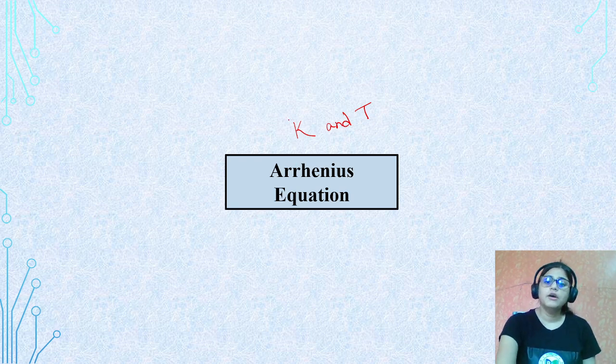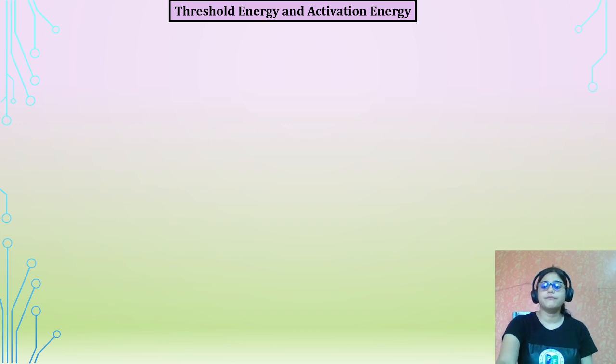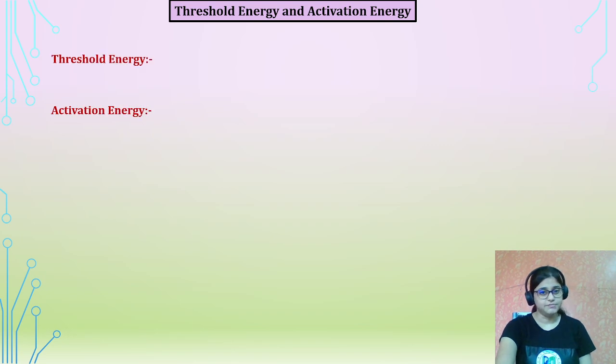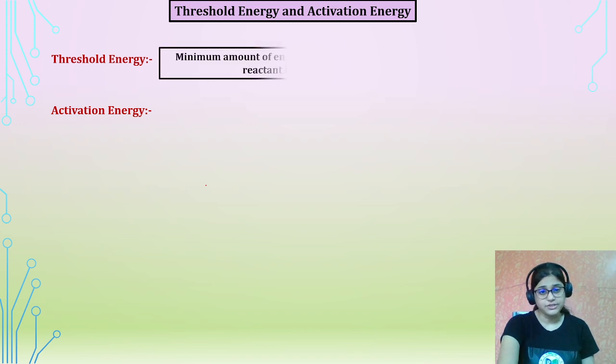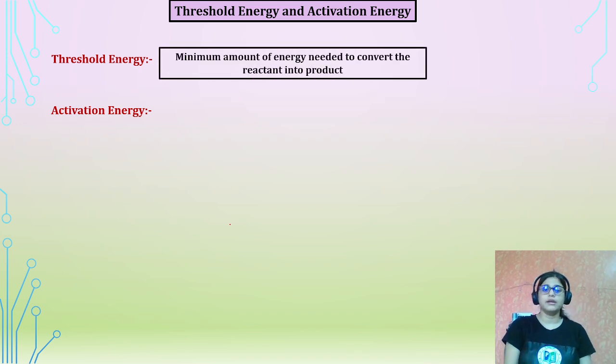Okay. So before going to that, we have to have an idea of threshold energy and activation energy. So what is threshold energy? Sometimes students get confused with these two terms and think that these two are the same, but there is a little difference between them. Let's see now.